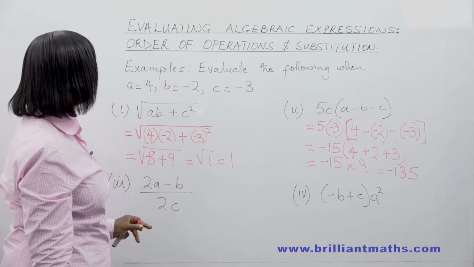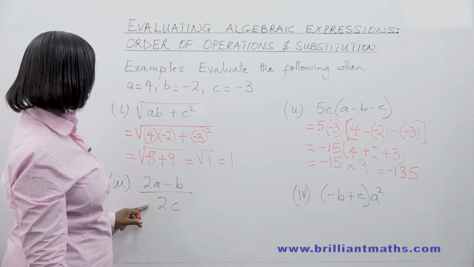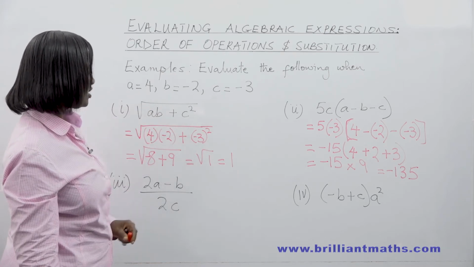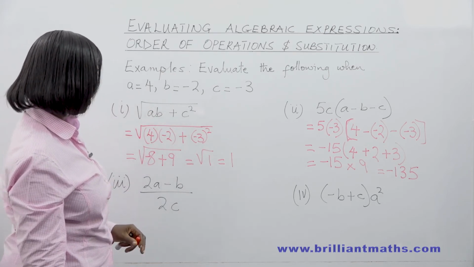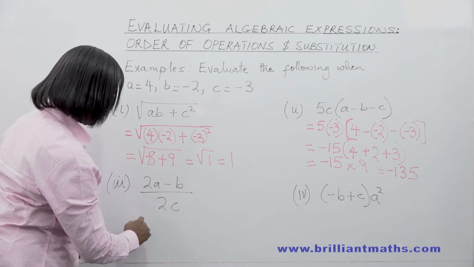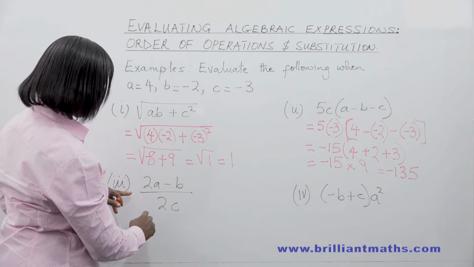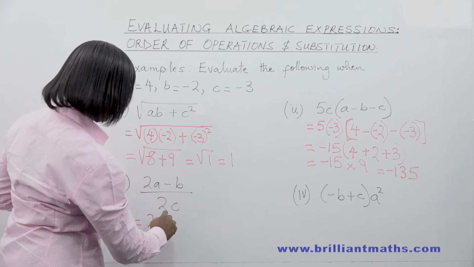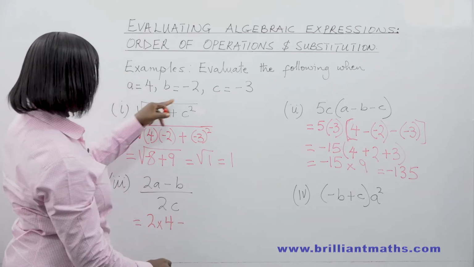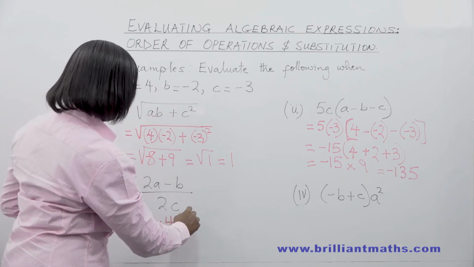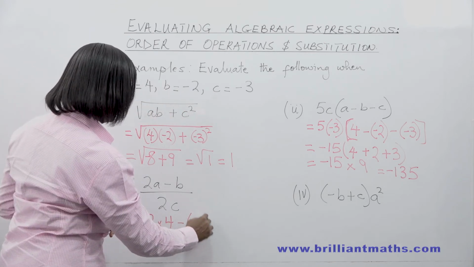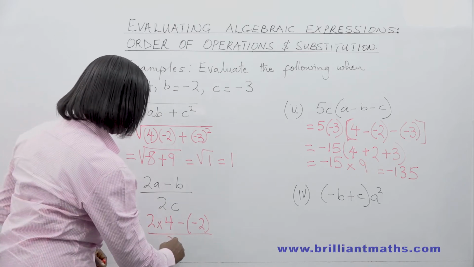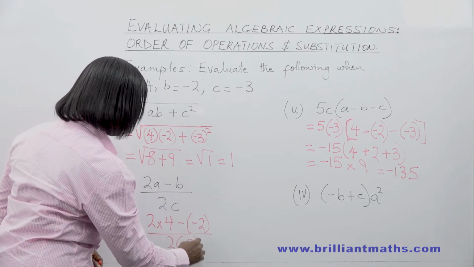In this example, we're still substituting. A is 4, B is minus 2, and C is minus 3. This will be equal to 2 times 4 minus minus 2 all over 2c. That is 2 times minus 3.